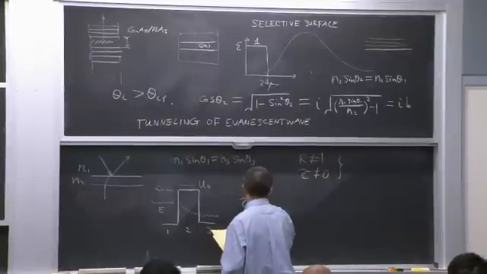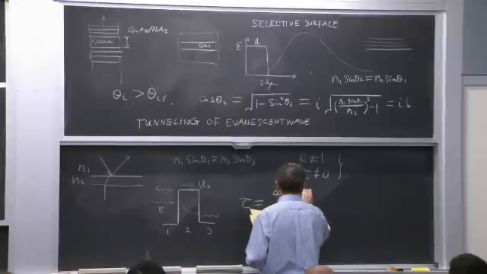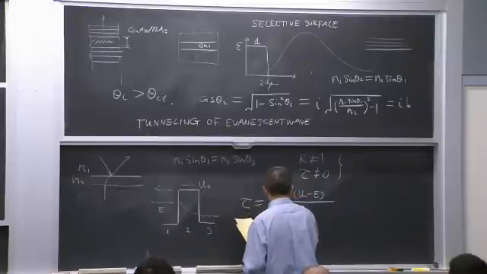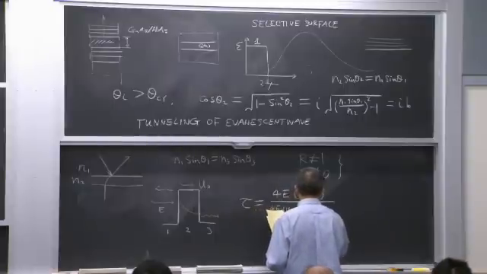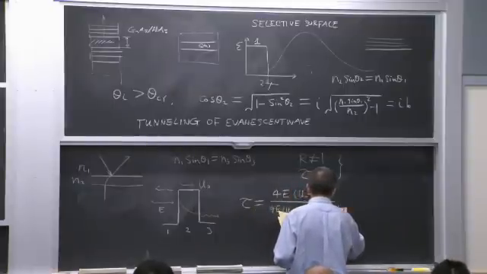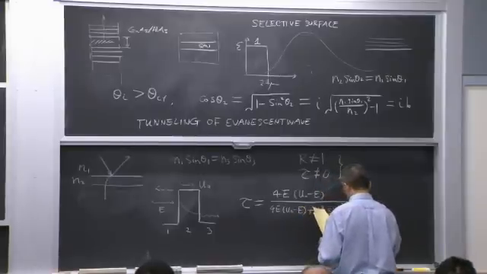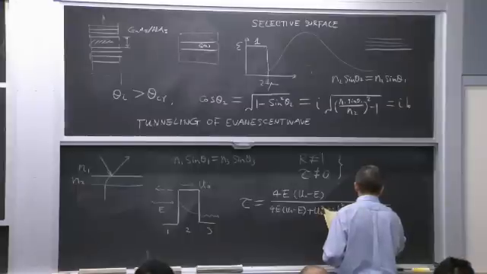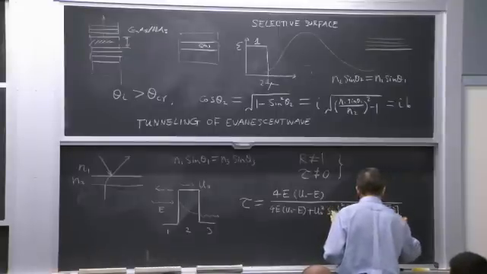You'll get the transmittance for electron in this case: 4E(U0 minus E) over 4E(U0 minus E) plus U0 squared times sinh function squared of d times square root of 2m(U0 minus E) over h bar squared. So this is the transmittance.